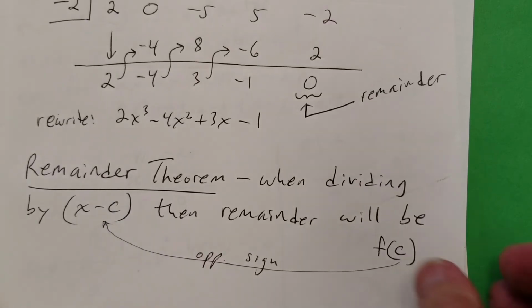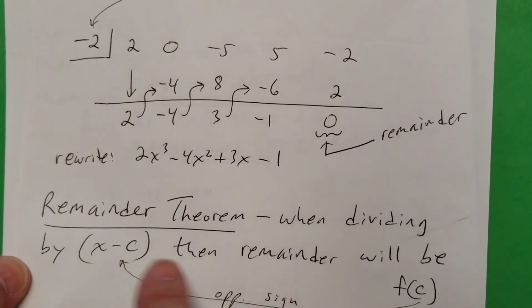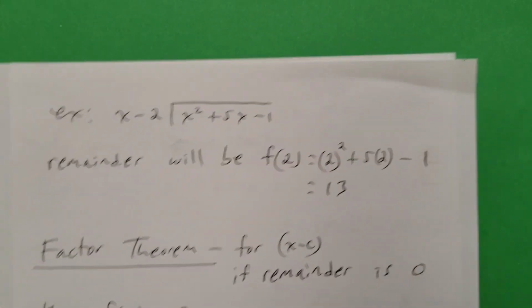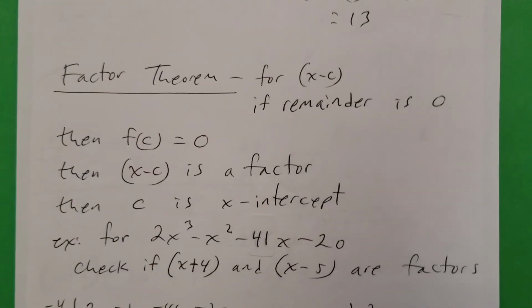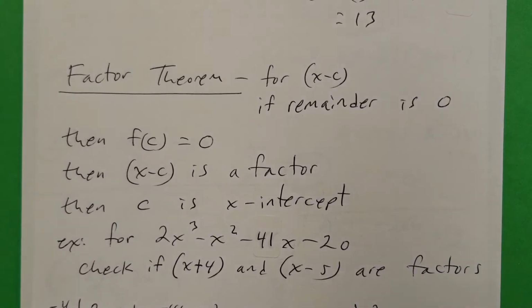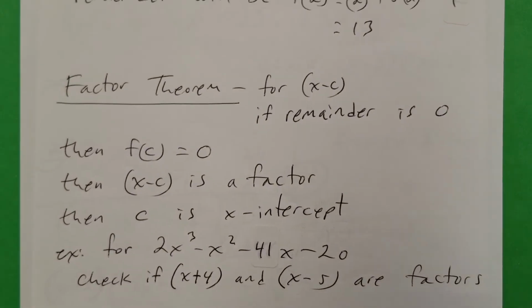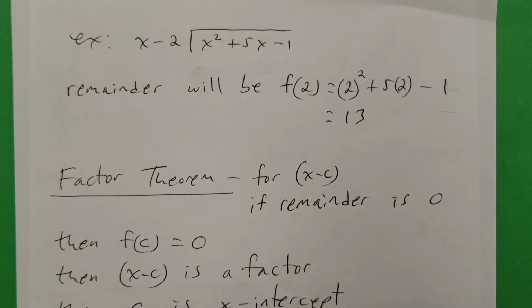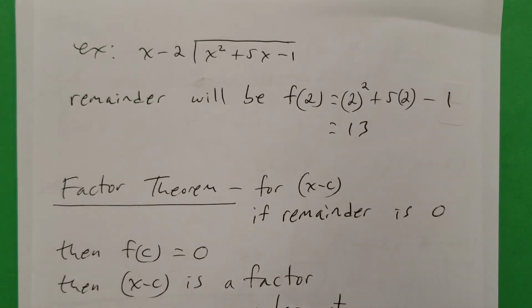We already wrote this down, and then we went to this and wrote this down. Okay, another theorem, another rule, another thing we noticed about long division is the following.